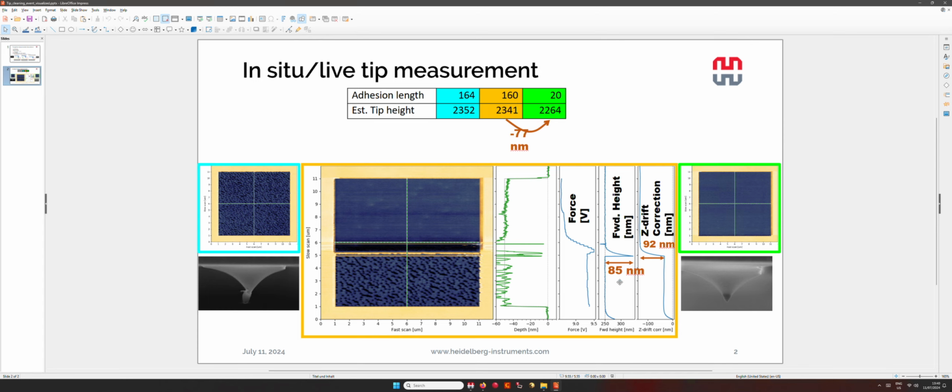And the same but opposite will happen in case we have a blunting of the tip. If we have a blunting of the tip, then the tip height will increase, so we will have to do the opposite movement of the piezo scanner.